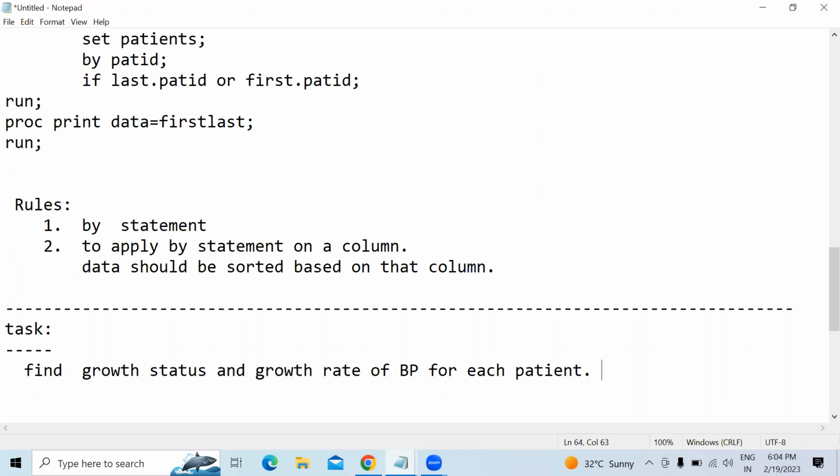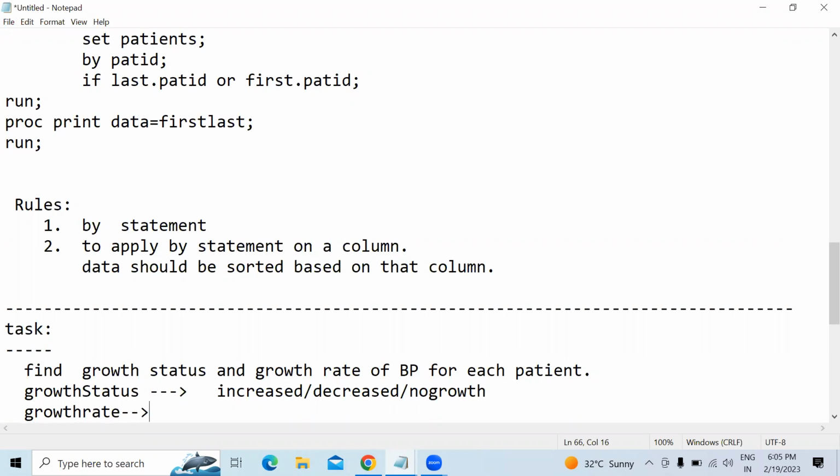Difference between the first visit and the last visit. Growth status means whether it increased or decreased. When you talk about growth status, there are three types of values: increased, decreased, or unchanged. Come on, the second, growth rate.